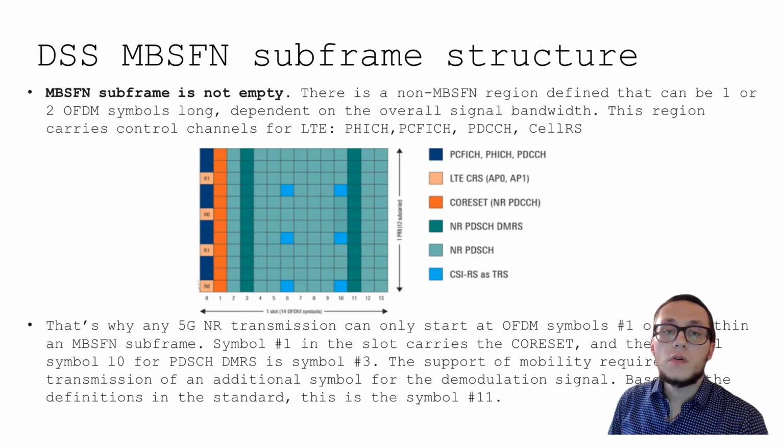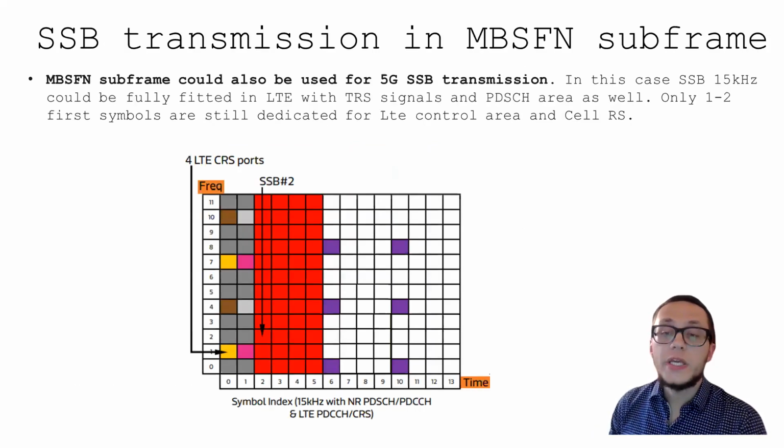For that reason the first symbols are occupied by LTE, but the other symbols of such a physical resource block are fully available for 5G transmission, and we can transmit other 5G signals such as PDCCH, PDSCH, CSI reference signals, tracking reference signals, and so on. We can even transmit the SSB block inside an MBSFN subframe. But again, in some variations of MIMO, for example, the first several symbols in time domain can be occupied by LTE.